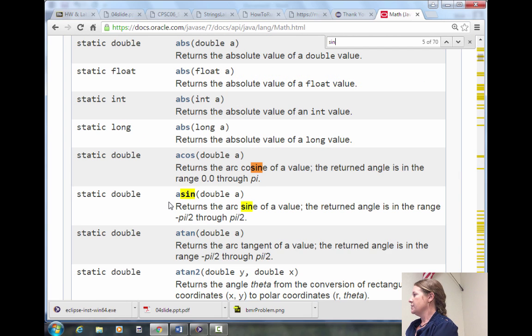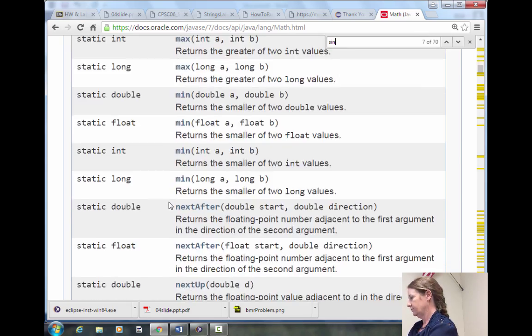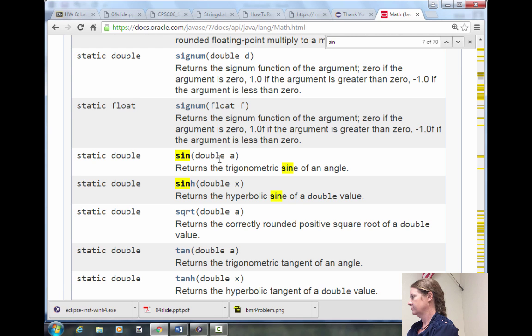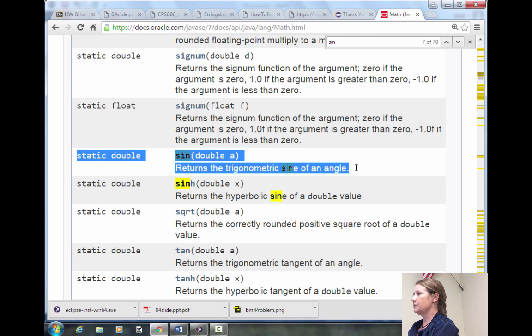Now looking at this API, let's look at some trigonometric functions really. Let me scroll down to sine. So he starts out looking at some trigonometric functions. I think it's almost more useful to go to the API here. And notice that we have a function called sine.